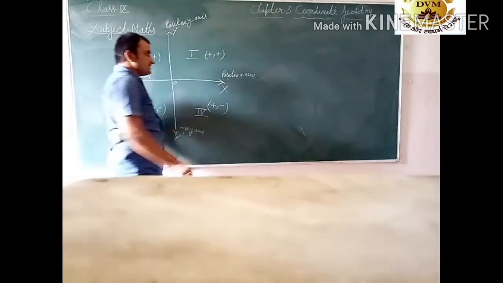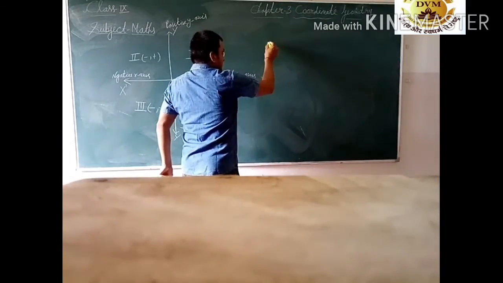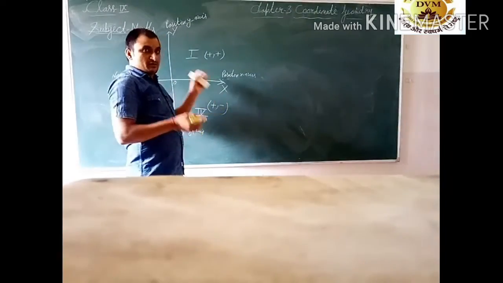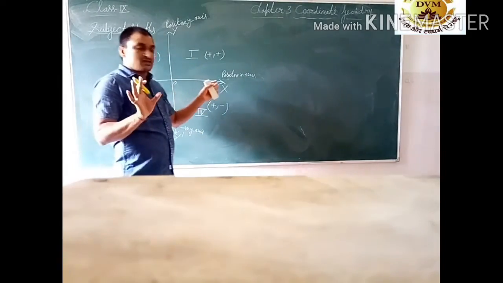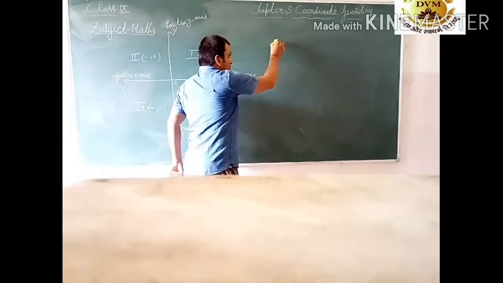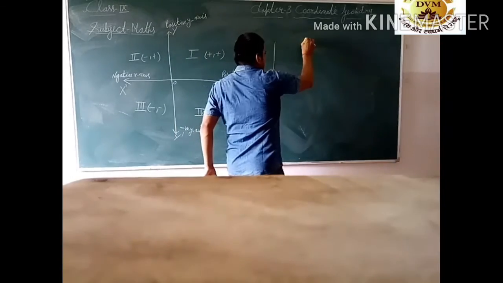Or we can write these quadrants in tabular form also. This is the most important to solve the exercise from this chapter. Okay, so I am going to tell you the tabular form.